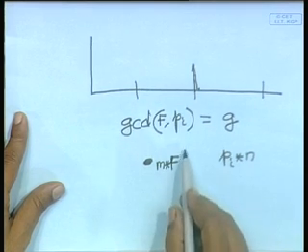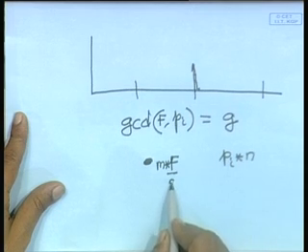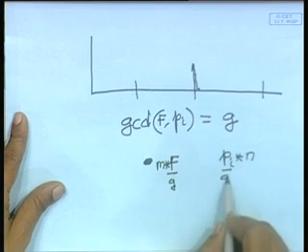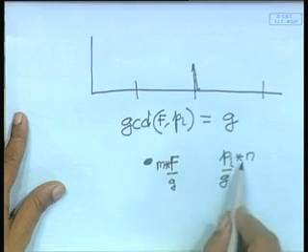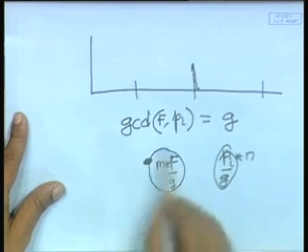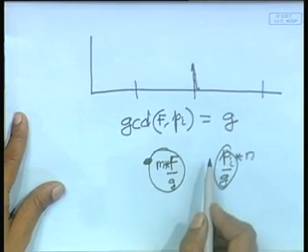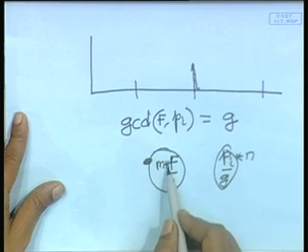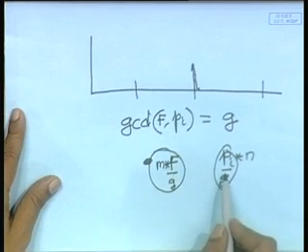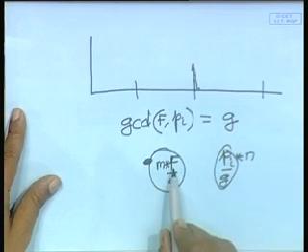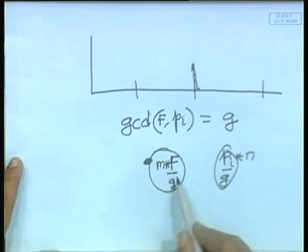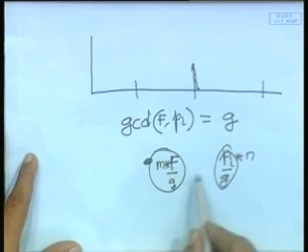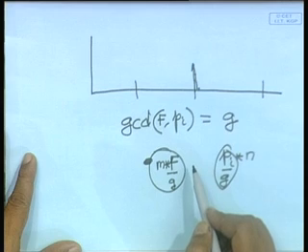Since both of them are divisible by G, m and n are integers. So, we can show by contradiction that this can be only 0, it cannot be less than G.